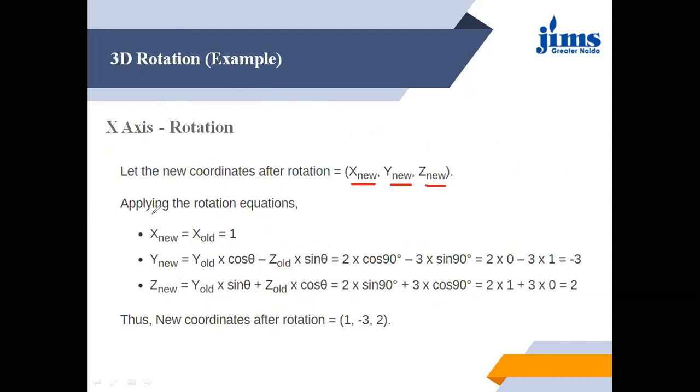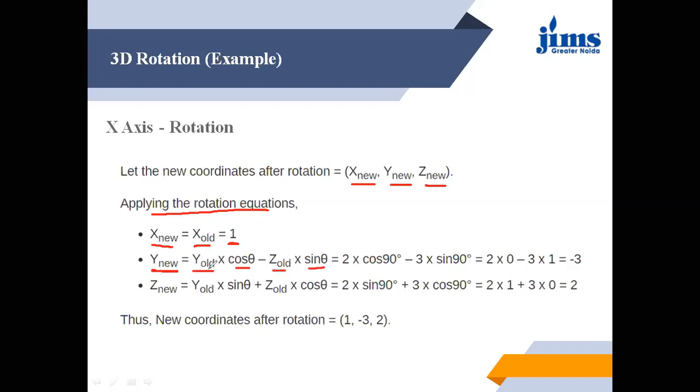Then applying the rotation equation for the x axis, x new equals x old, that is 1, it's given. And when we have to find the value of the y new coordinate, it is y old multiplied by cos theta minus z old multiplied by sin theta.